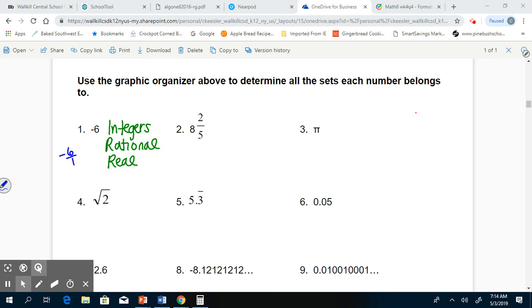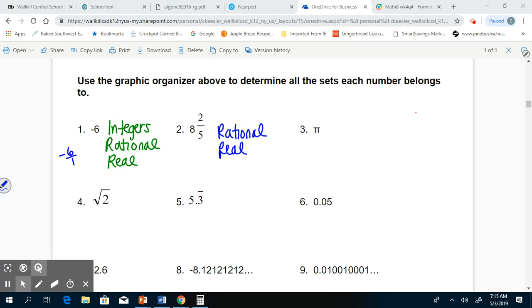Okay, number 2, we have 8 and 2/5. 8 and 2/5 has a fraction attached to it. It's not a whole number, and it's not an integer because of the fraction piece. Once you have that fraction piece, the first place it can fall into is rational. So this is going to be rational and real, because 2/5 can't be changed to a whole number either.